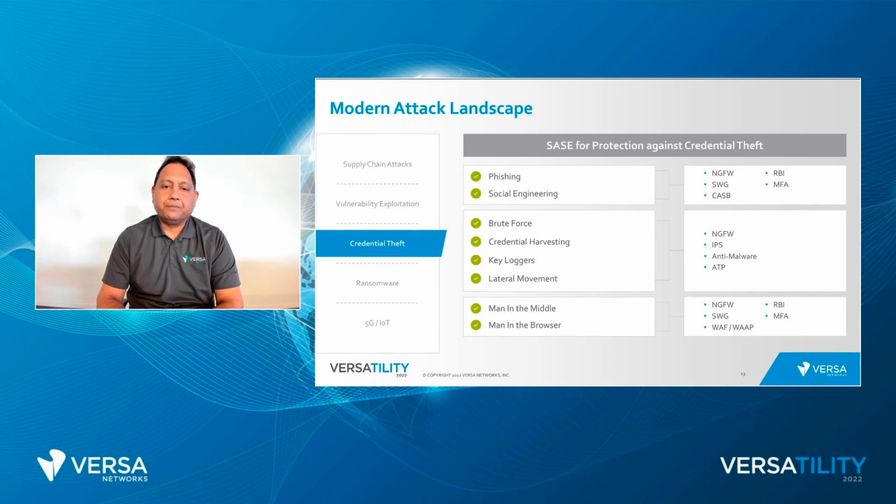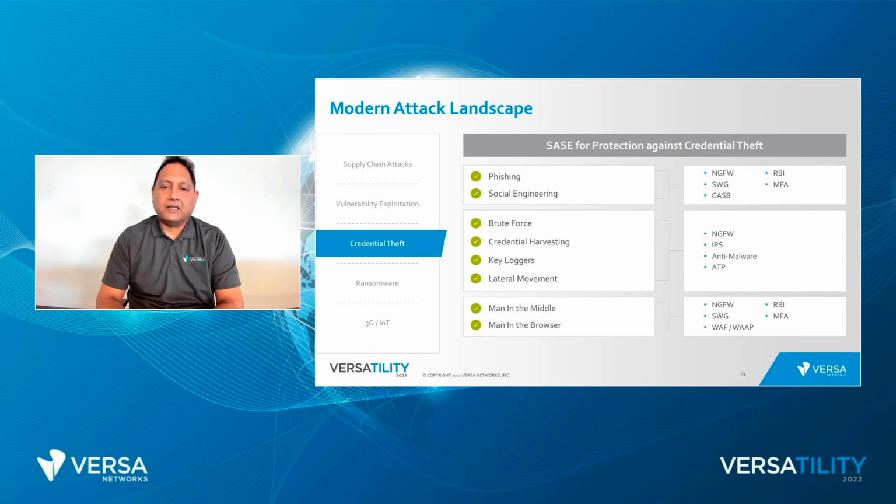So when a user clicks on a link that comes via a phishing email, instead of allowing the user's browser to render that content, we direct that request to a remote browser. Then we can show that page in preview mode, where the user is not allowed to interact with it. So let's say a user gets an email saying your Office 365 password has been compromised, click here to reset.